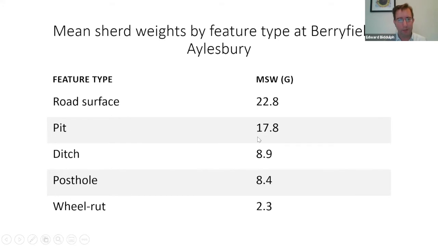Pits are 17.8, etc. As you'd expect, something like a wheel rut in the road would have essentially just a few crumbs of pottery, and the corresponding mean sherd weight is 2.3. So very fragmented pottery from the wheel rut compared to, say, the pottery from pits, which is larger, at 17.8 grams.